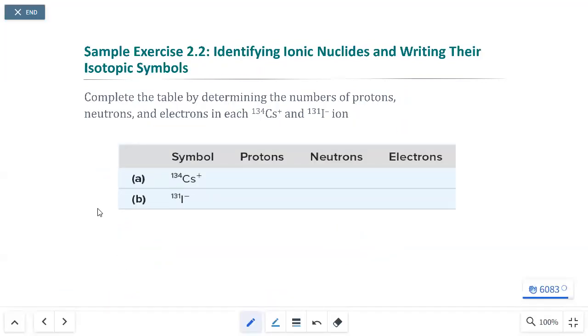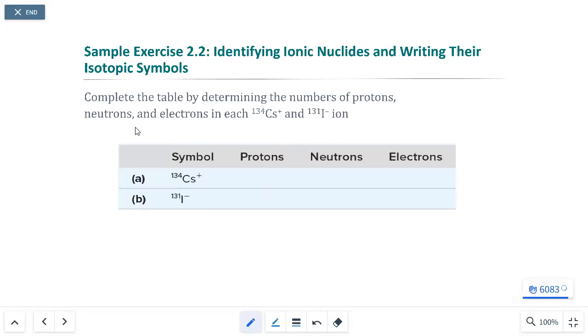So let's do another one here. Now we're doing something a little bit different. Now we are integrating the idea of electrons into the mix. And so we have to take into consideration the idea of charge.